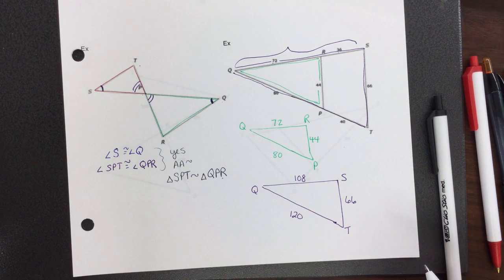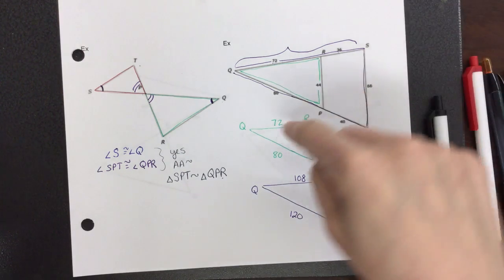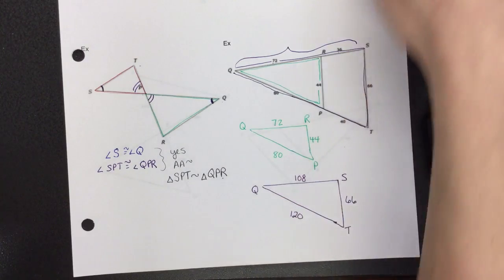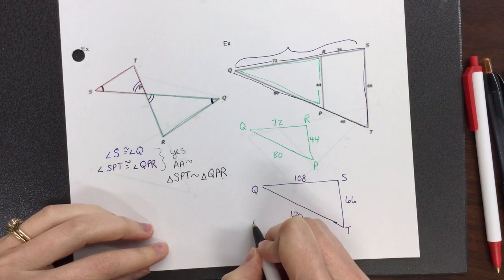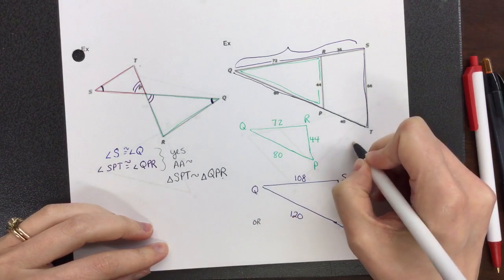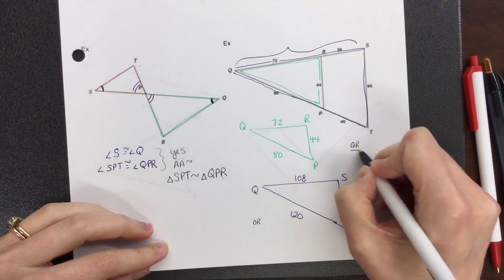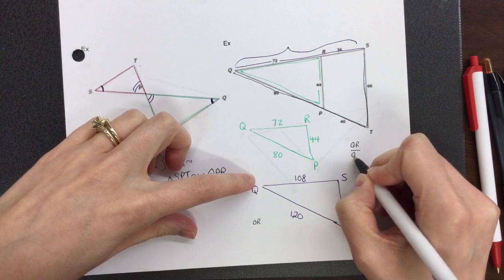So if we start writing a proportion to compare our sides, we are going to compare QR to QS. So we're going to go QR over QS.